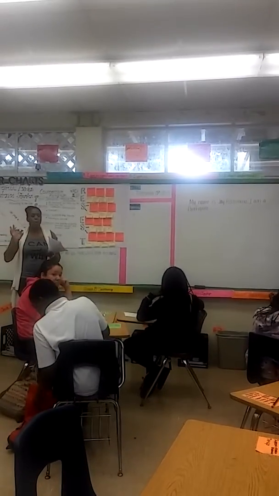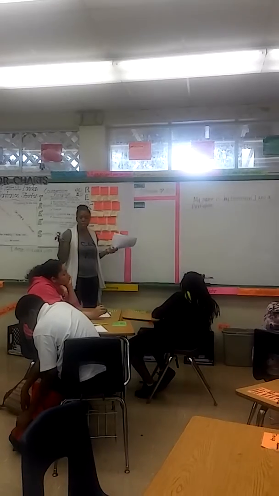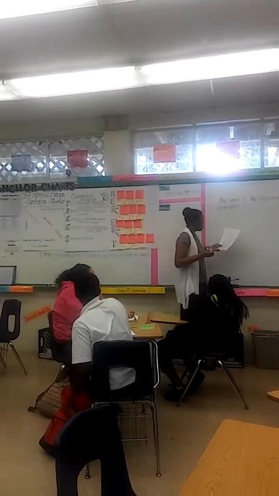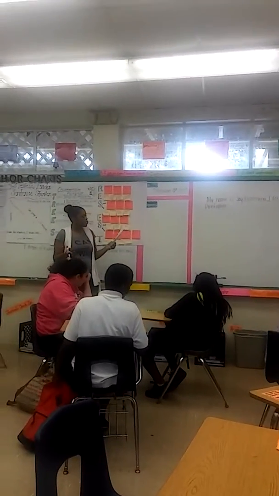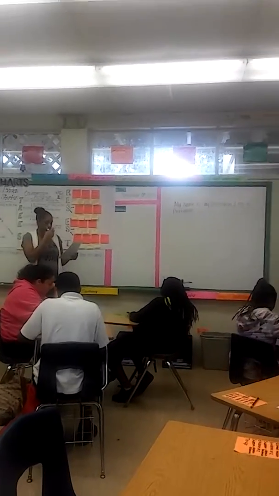Predicate tells what the subject is doing. If those things are present in the sentence, then you have a sentence. So for number 1, obviously you would circle B. Go ahead and circle B on your paper, and we're going to move on to the next one.